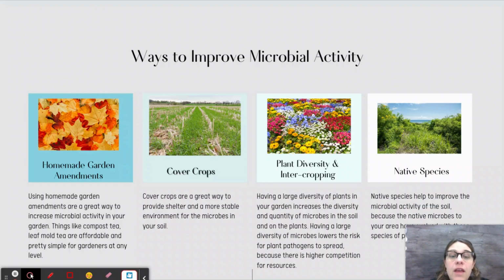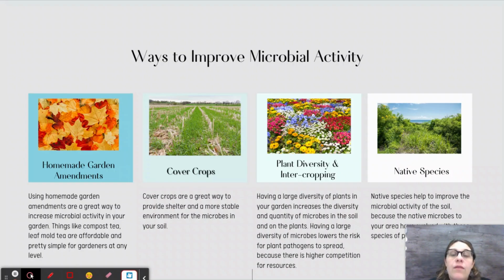Another option is to have a large diversity of crops or have intercropping of different crops in the same bed. This leads to more variety and more diversity of microorganisms because every plant has different quantities of different microorganisms on them.